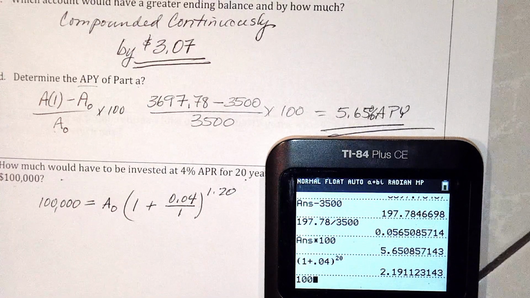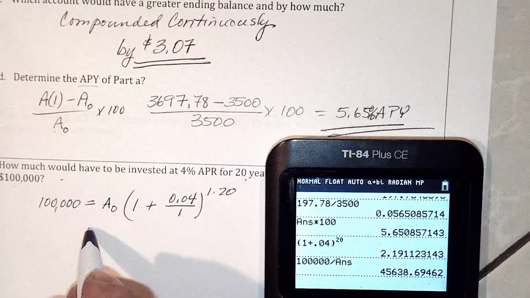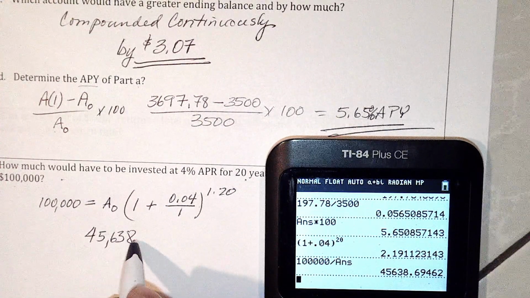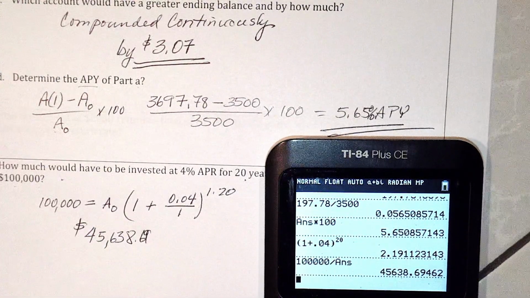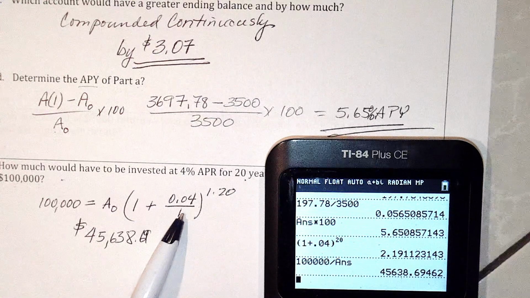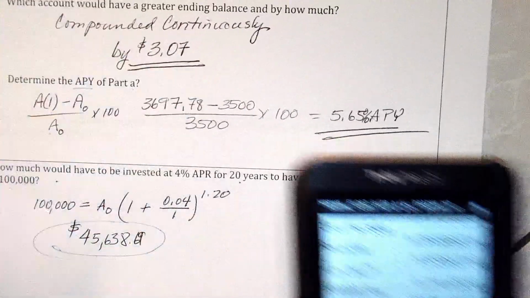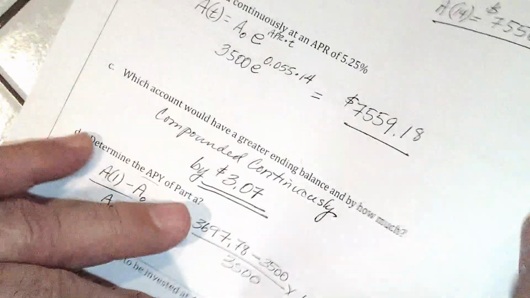So I got 100,000 divided by that last answer, and I would have to put $45,638.69 into the account if it was compounded annually. I'd have to do a little less if it was compounded more often, but since it didn't say anything, I'm just going to do this one compounded annually. On the test, I would give you the compounding rate if there was one.